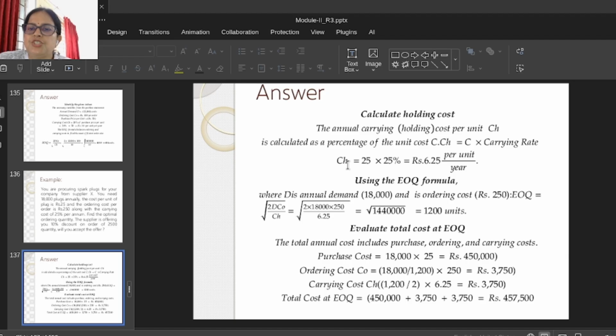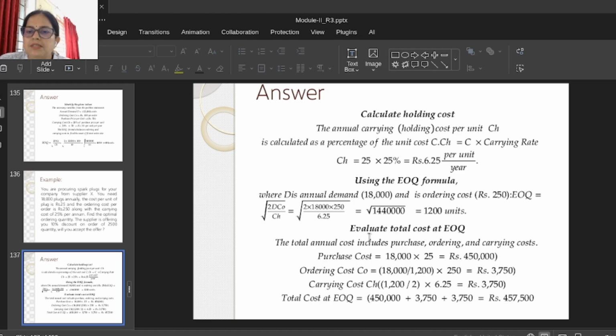See, CH we always need to calculate as a percentage of the purchase price of the item. So the annual carrying cost CH is C into carrying rate, that is 25 into 25%, that is 6.25. So Q star we can calculate here, that is 1200 units.